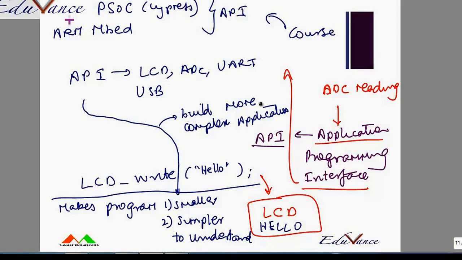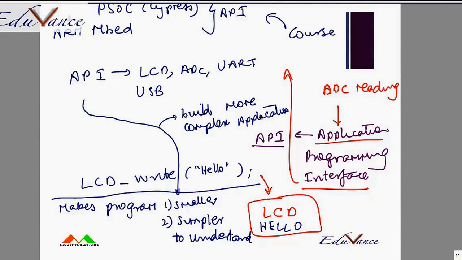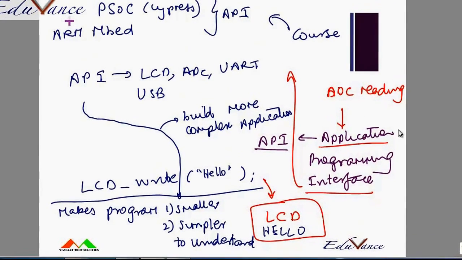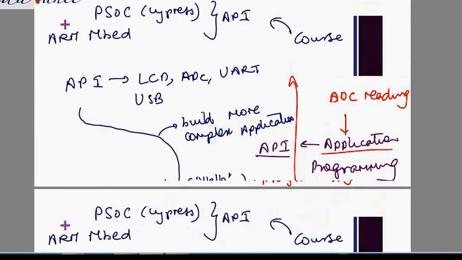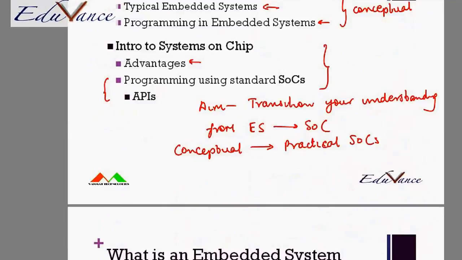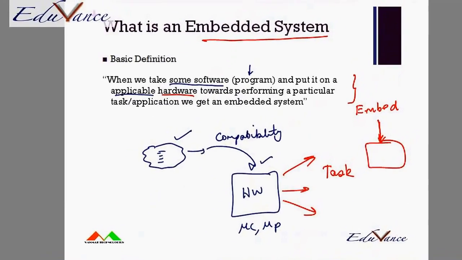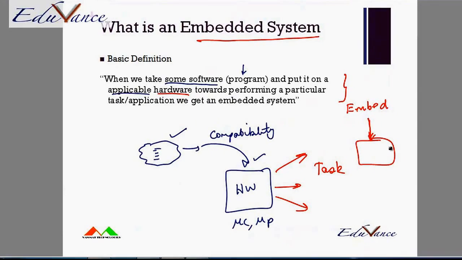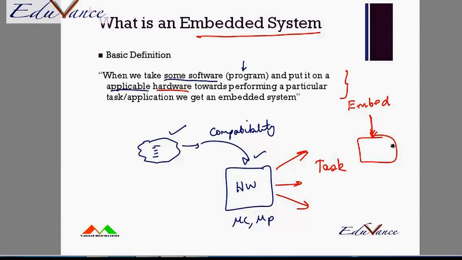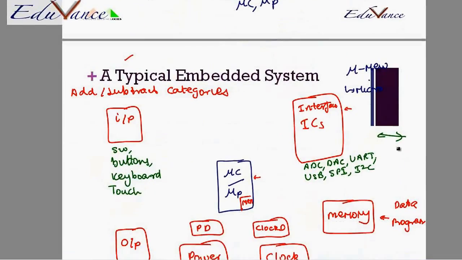So I hope that this understanding of API is clear. So let's just quickly recap today's lecture. In today's lecture, we understood what is an embedded system, the concept of having a particular software and we put it onto an applicable hardware for an application.